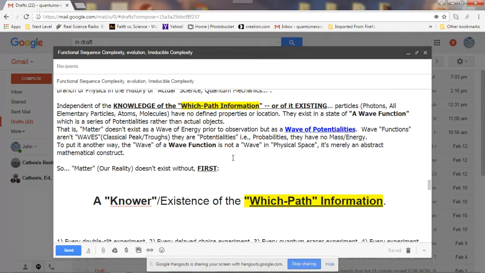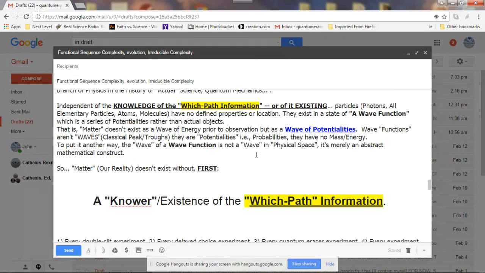They exist in a state of a wave function, which is a series of potentialities rather than actual objects. That is, matter doesn't exist as a wave of energy prior to observation, but as a wave of potentialities. Wave functions aren't waves, classical peak troughs.